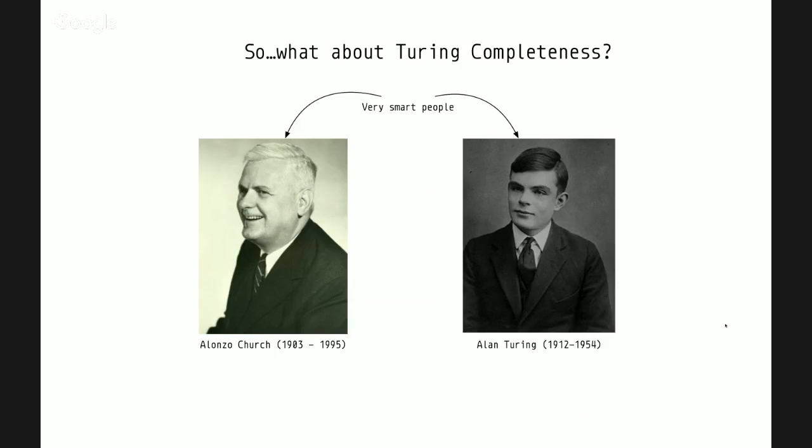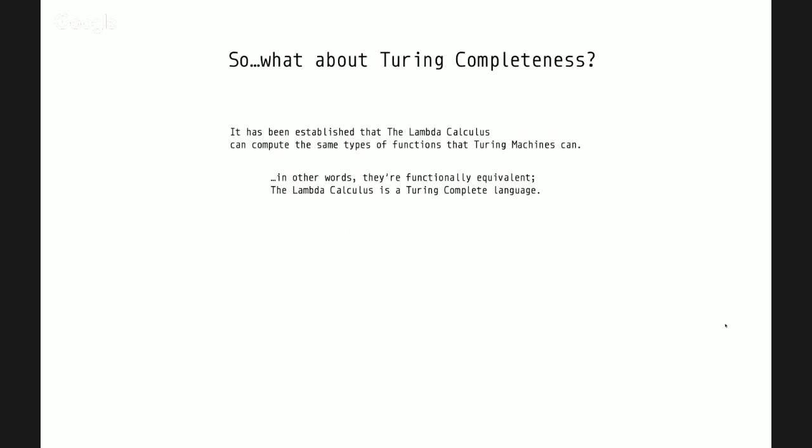most of the ones that we use today are pretty heavily tied to that model of thinking. But Alonzo Church's Lambda calculus has actually been shown to be functionally equivalent. They can be interchanged. So basically the point is the Lambda calculus is a Turing complete language.